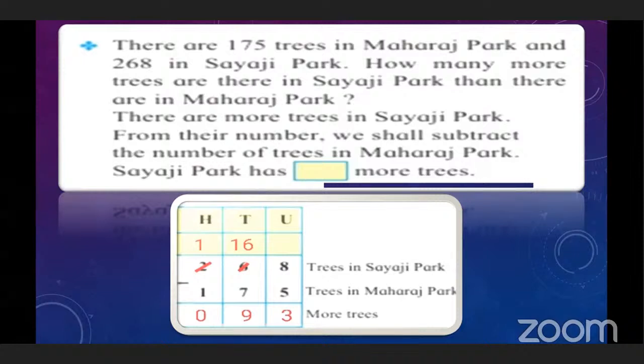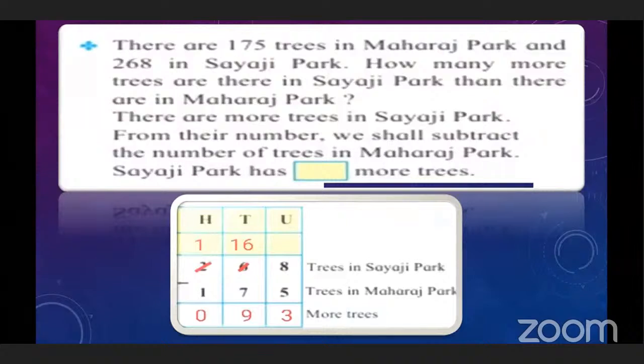So I have to borrow 1 from the hundreds place. So here I can easily subtract 7 from 16, and I got 9. And at the hundreds place, 1 minus 1 is 0. So there are 93 more trees in Sayaji Park.